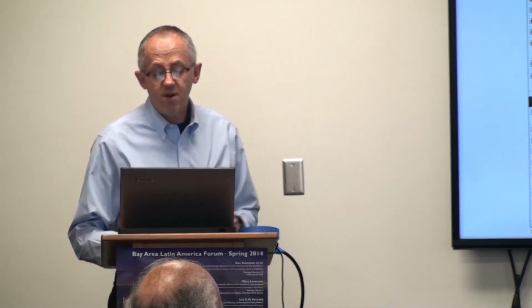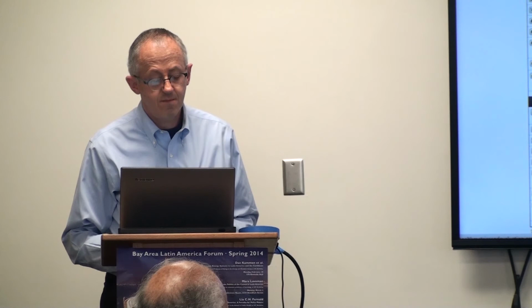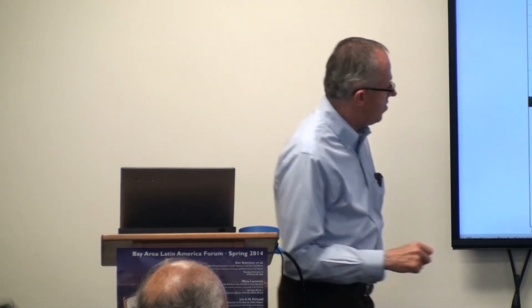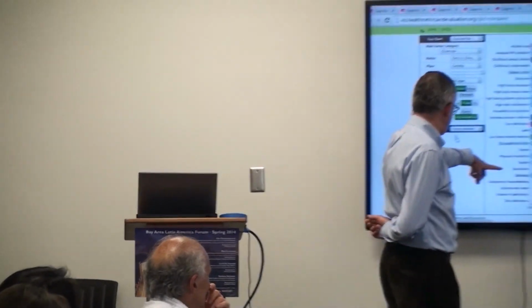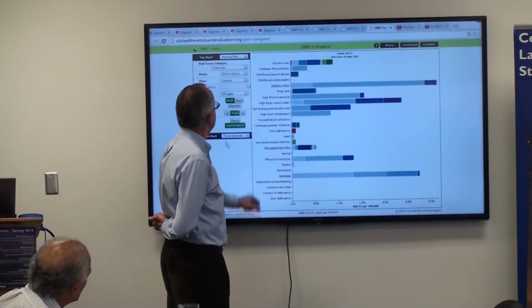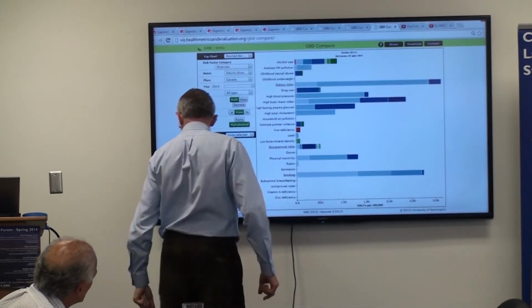So this is a chart of risk factors, but it's probably better if I show you just one. So sanitation is here, unimproved water is here. This is dietary risks.